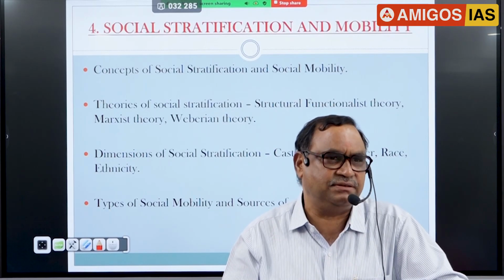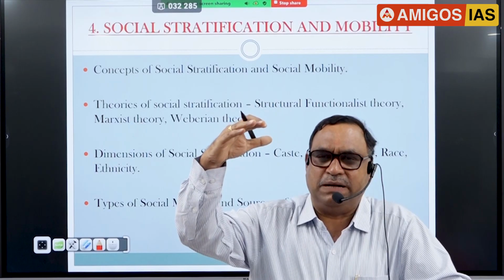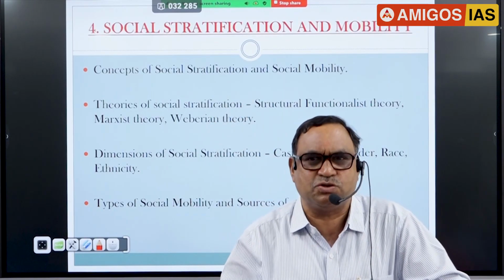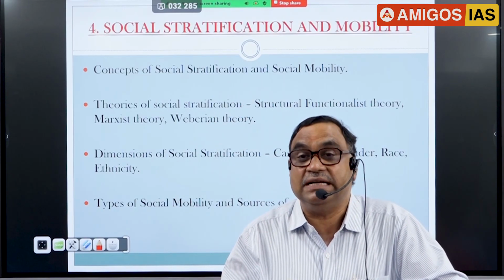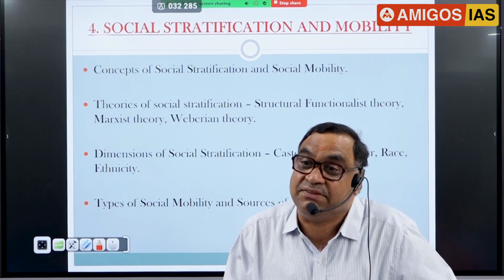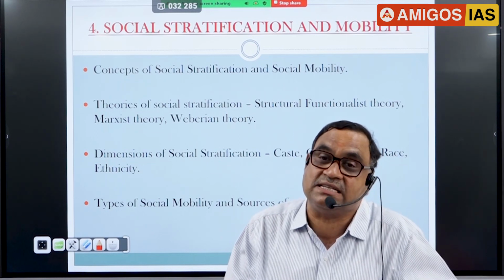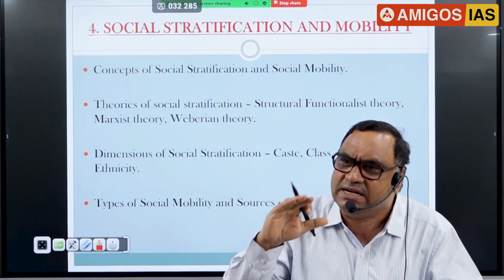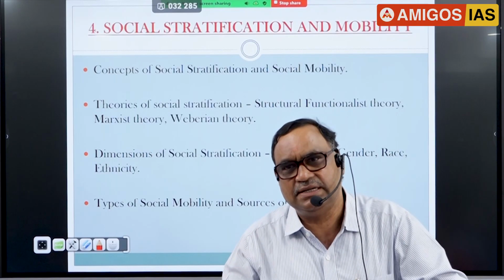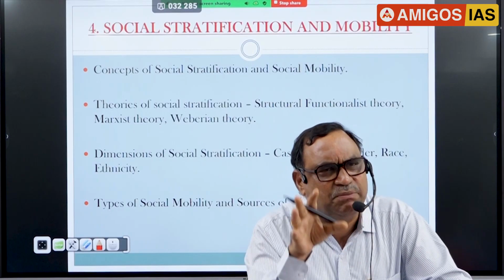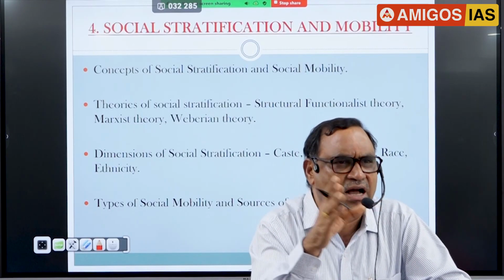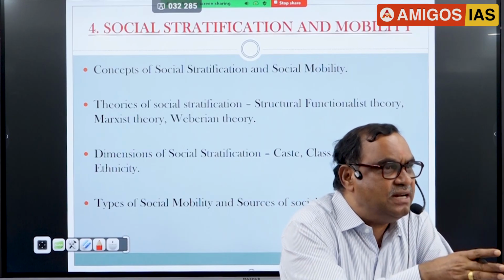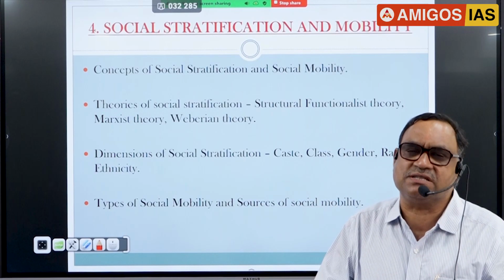In the Indian context, Brahmana considered superior to other castes, Shudras. Then we also have gender stratification. In almost all societies, men are considered superior to women. It is a gender stratification. So there are various dimensions of stratification like caste, class, race, ethnicity, gender, all that we need to discuss.